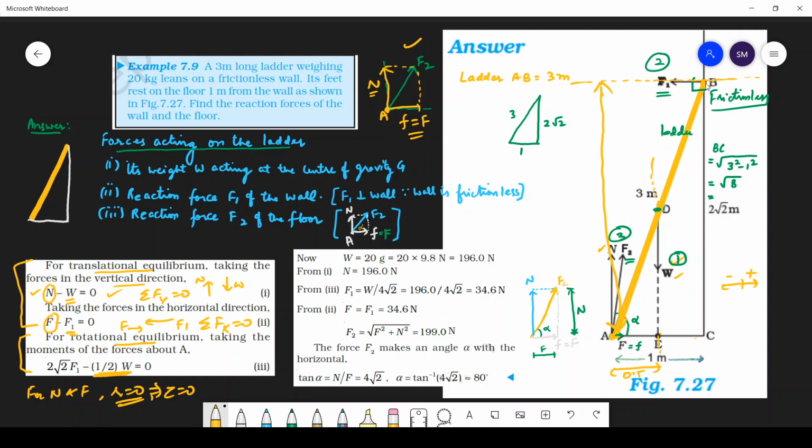So this distance is nothing but this distance BC, and that you can calculate. BC is equal to root of hypotenuse square minus base square. So that is root 8, and that is 2 root 2. So this distance is 2 root 2.